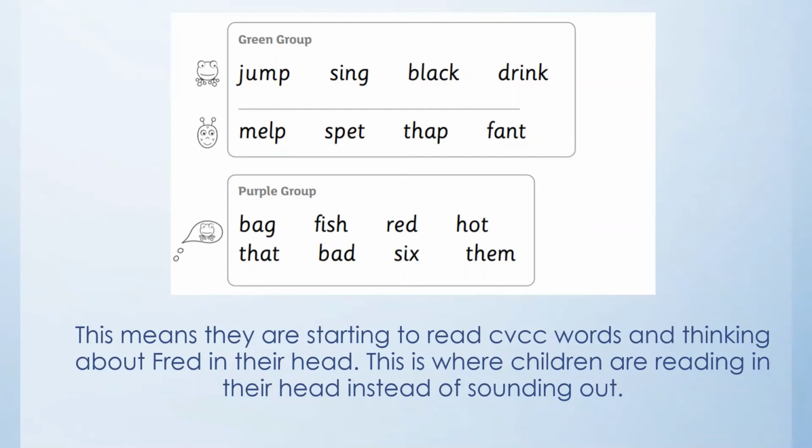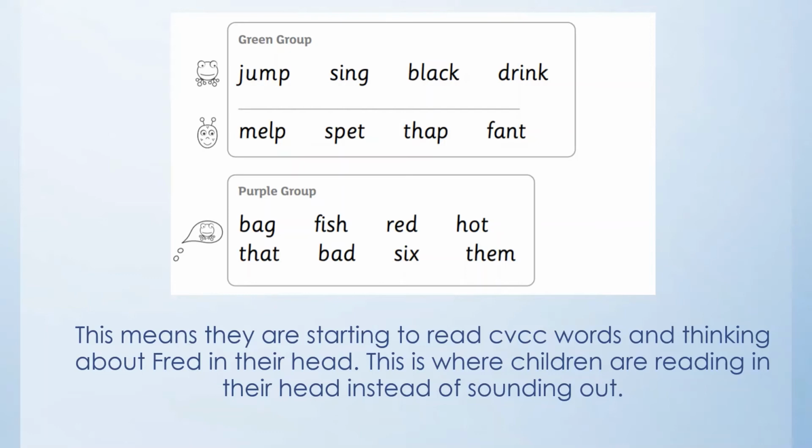Underneath the Fred, there's a little alien. In reception, children are also introduced to alien words. Alien words are a group of letters that still follow our phonics rules, but they don't mean anything.